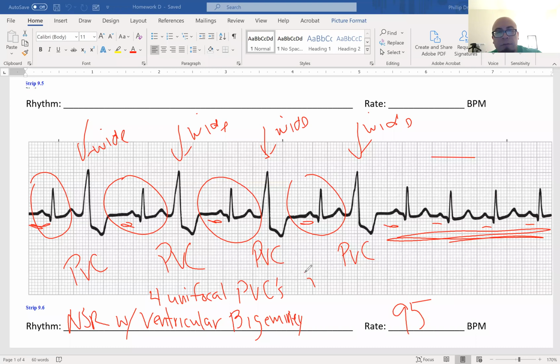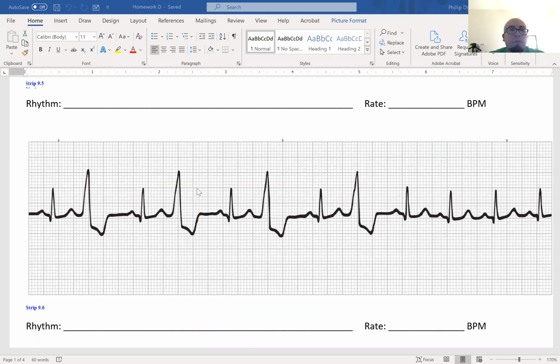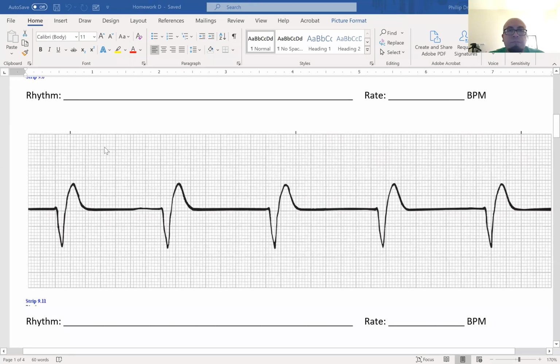Either one of these are okay. So it's normal sinus rhythm with 4 unifocal PVCs or normal sinus rhythm with ventricular bigeminy. All right. Let's clear that one. Let's move along.